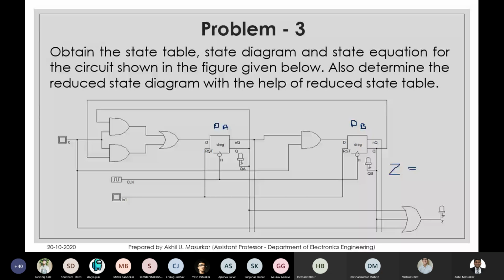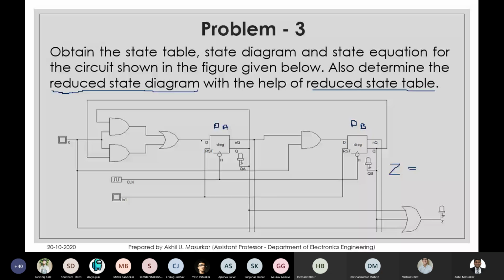But now they are expecting us to reduce the state diagram with the help of a reduced state table. So we have to do some kind of reduction here. Anyway, we will see. Here we have DA, here we have DB.